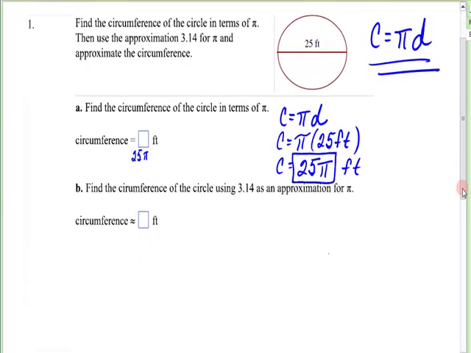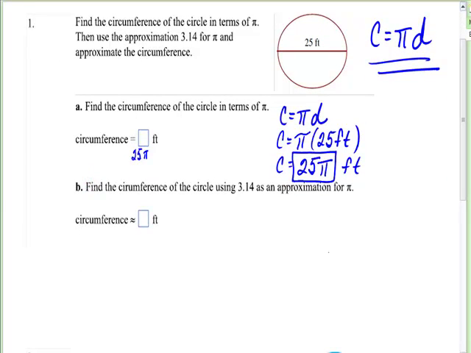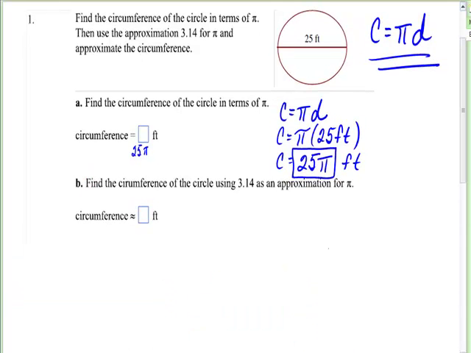Now the second time you do this, it says find the circumference using 3.14 as an approximation for pi. Well, I start the problem the same way. The circumference is still pi times d because I still have the diameter. What's different here is that in the place of pi I put 3.14, and in the place of diameter I put 25 feet.